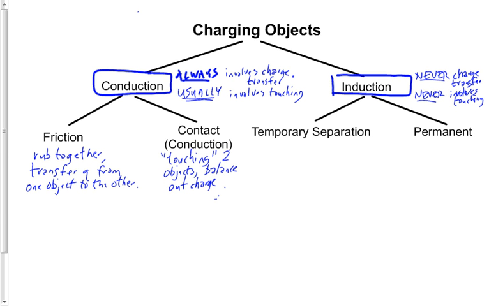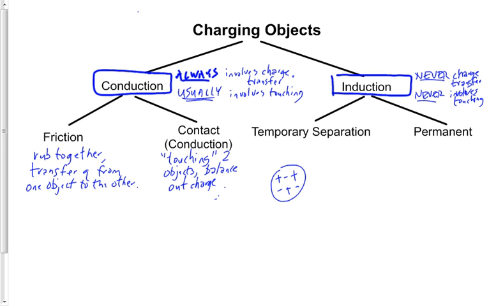Now, induction, this one's a little bit different. Induction, we can break down into what we call a temporary separation of charge and a permanent charge. I'm going to draw a picture for this one. Say we've got a neutral object here. 3 positives, 3 negatives.